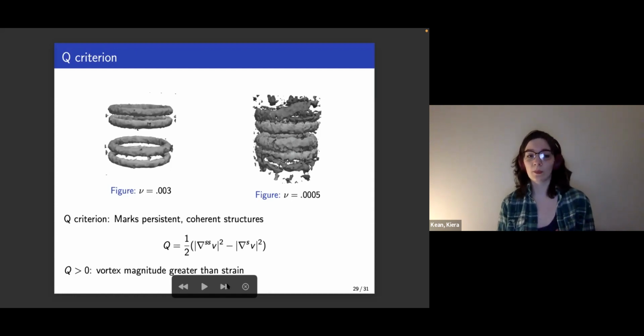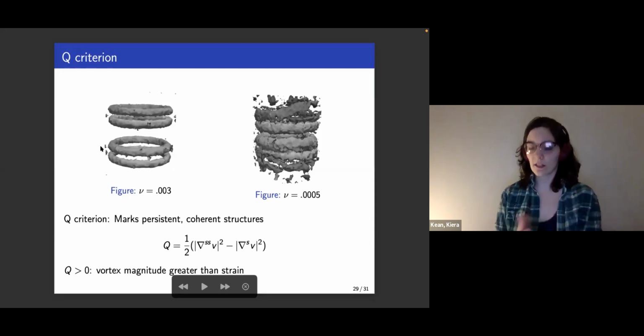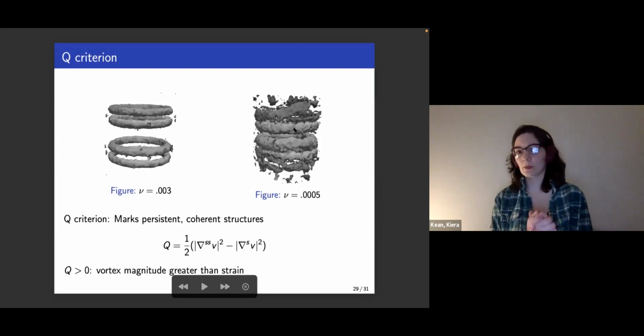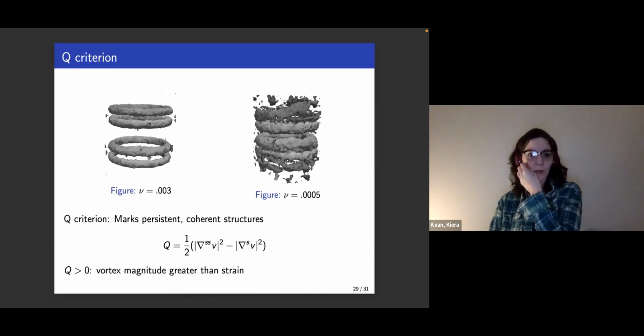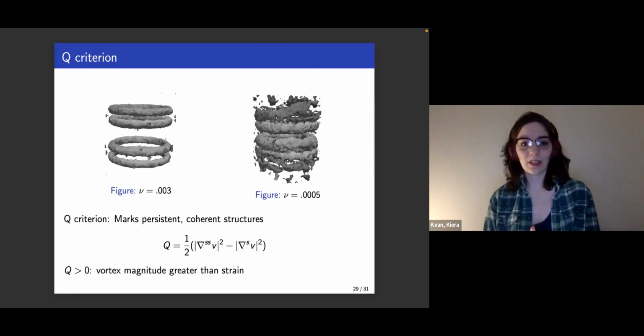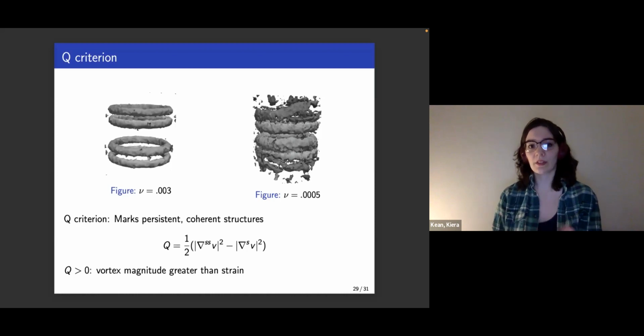We also saw when we plotted the Q criterion that in the lower Taylor number, more viscous simulations, we see this, again, characteristic Taylor vortex, and we see the wavy Taylor vortex as we increase the Reynolds or Taylor number. The Q criterion is a way to mark the coherent structures.